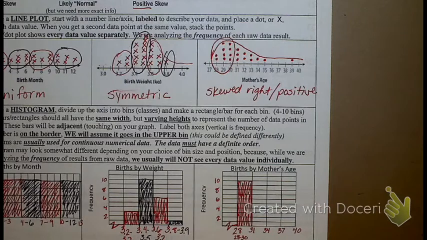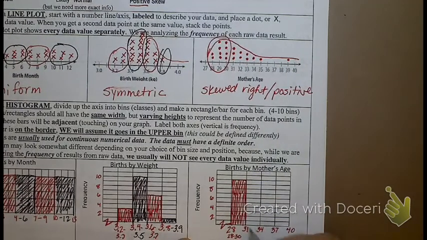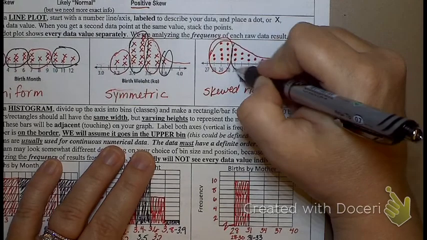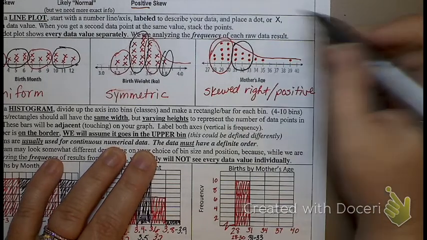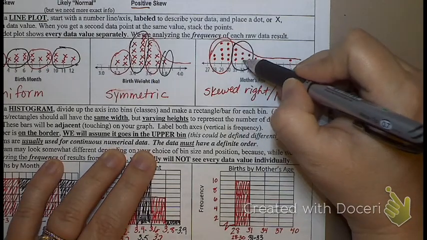Okay, my next one is going to be 31 to how old? To 33. How many is that? 31, 32, 33. How many is that? 1, 2, 3, 4, 5, 6, 7.